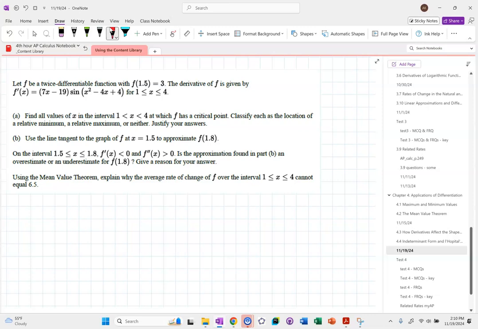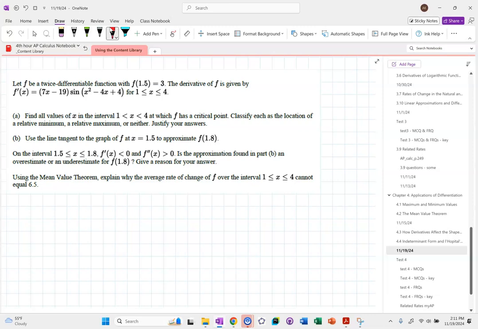The derivative of f is given by f prime of x equals 7x minus 19 times sine of x squared minus 4x plus 4 on the closed interval from 1 to 4. Part A says find all values of x on the open interval from 1 to 4 at which f has a critical point. Classify each as the location of a relative minimum, maximum, or neither.